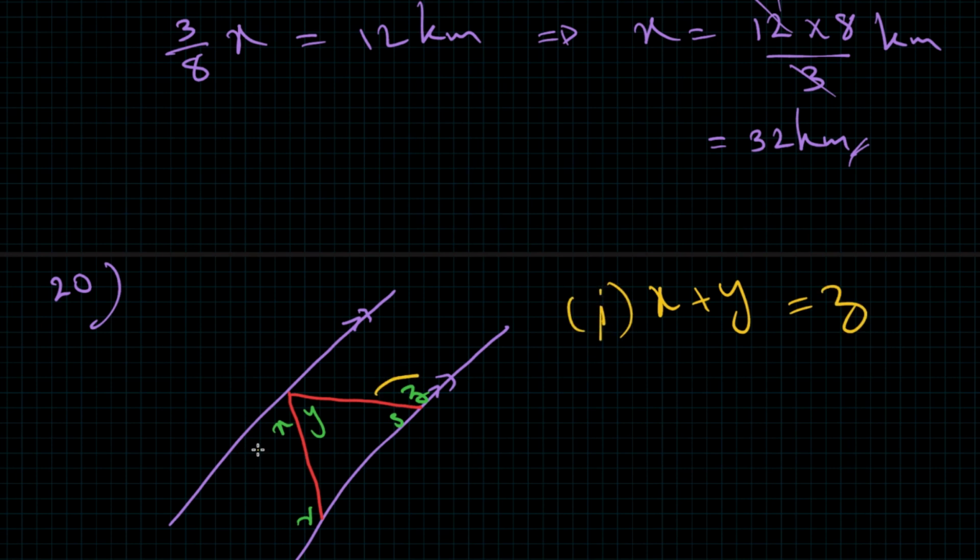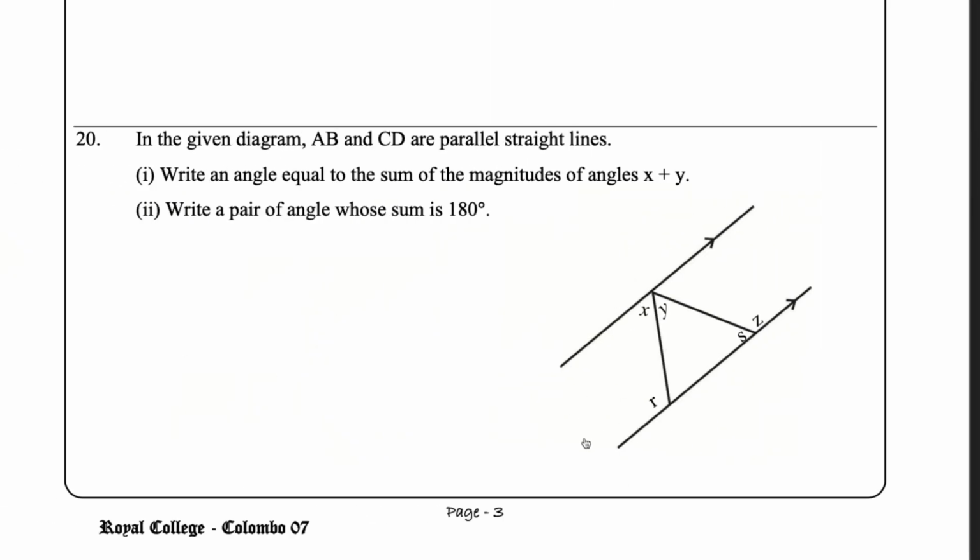So basically this one is equal to this one. Then number 2: write a pair of angles whose sum is 180.